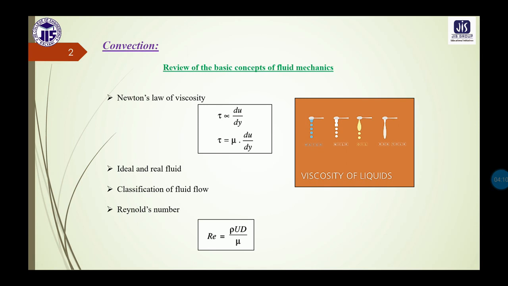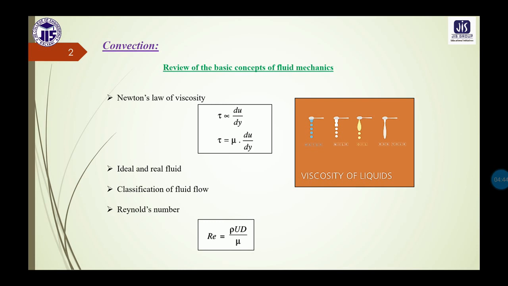Now, the fundamental difference between a fluid and a solid lies in the response to a shear stress of the respective materials. For a solid, the strain is a function of the applied stress, provided that the elastic limit is not exceeded. But for a fluid, the rate of strain is proportional to the applied stress. So this is the fundamental difference in terms of shear stress.